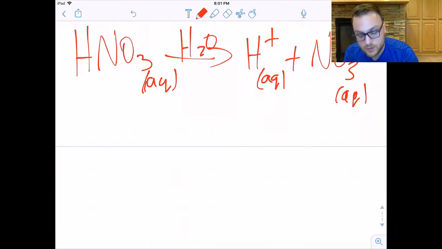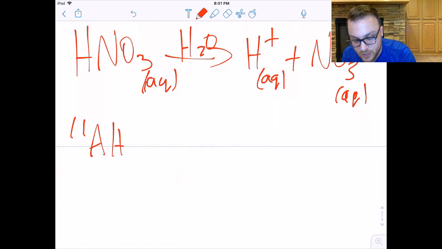Then there's the Bronsted-Lowry definition of an acid, but the Regents, for whatever reason, doesn't use those terms. So you're going to see it worded as the alternate theory for acids and bases.